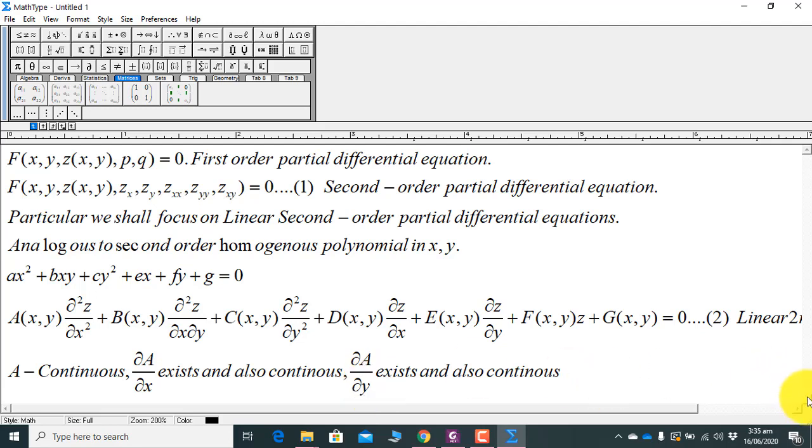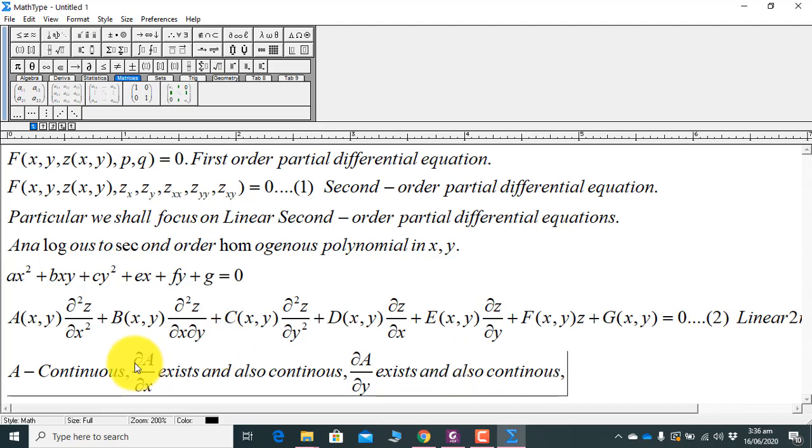The important point is the domain on which partial A over partial x and partial A over partial y exist and are continuous. They will be continuous on the prescribed domain of A. A has domain x, y. The domain can be any subset of R square. So on that particular domain, A will be continuous, and partial A over partial x will exist and be continuous. Similarly for partial A over partial y.